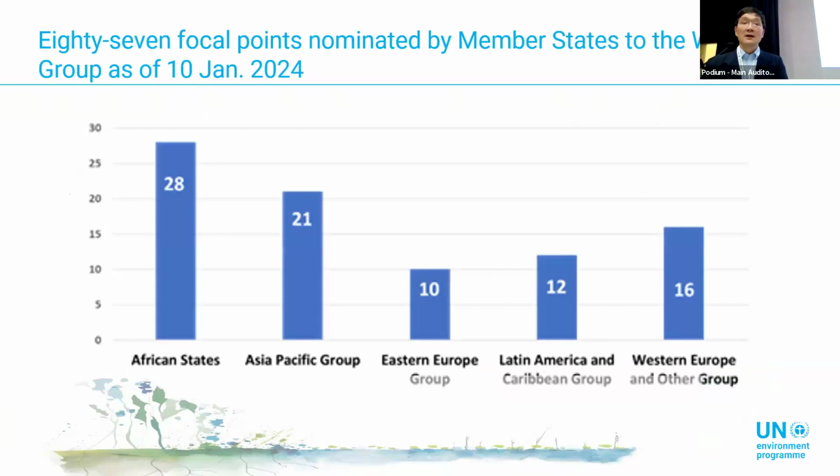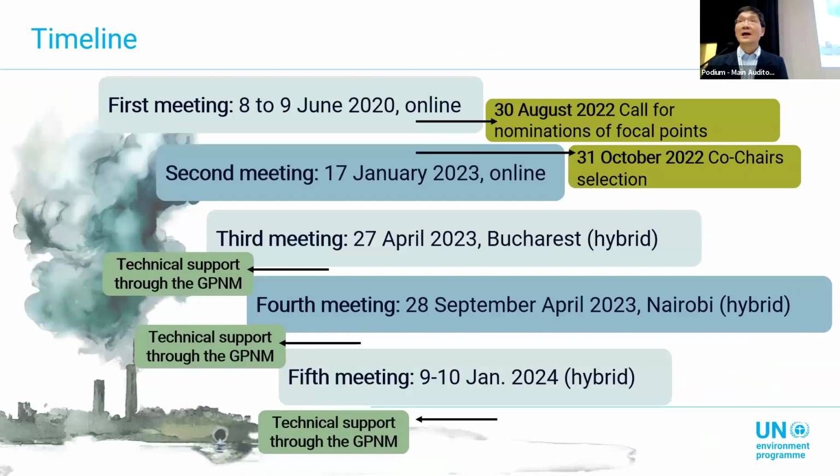As of 10th of January, 87 countries have nominated focal points to the working group, and 5 meetings have already been organized. The progress is mainly on the development of national action plans.